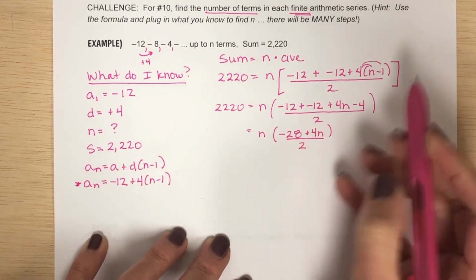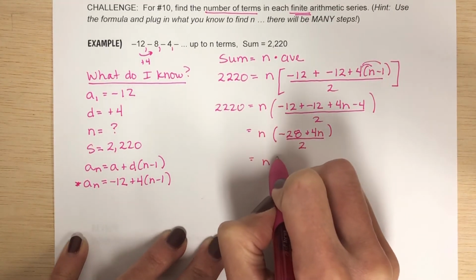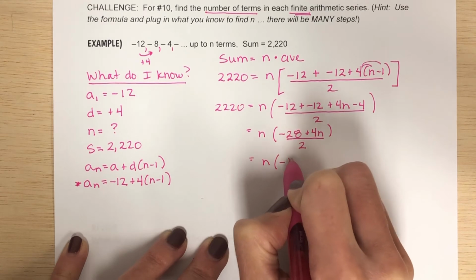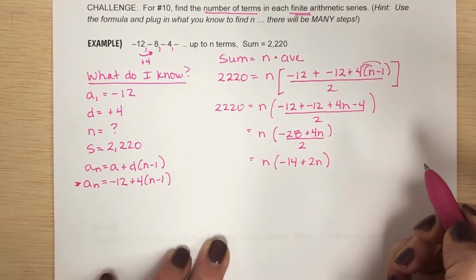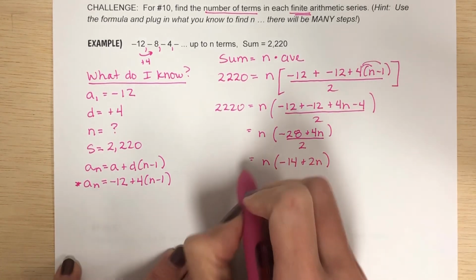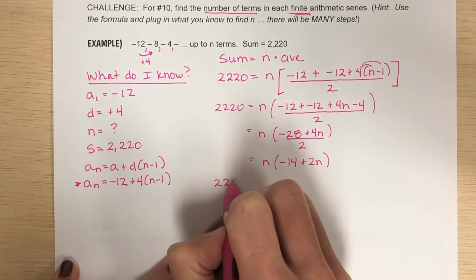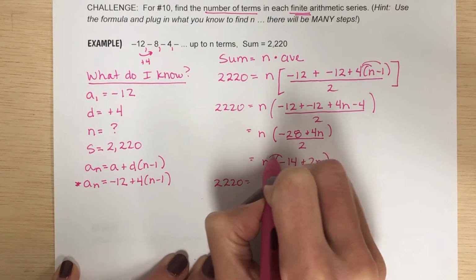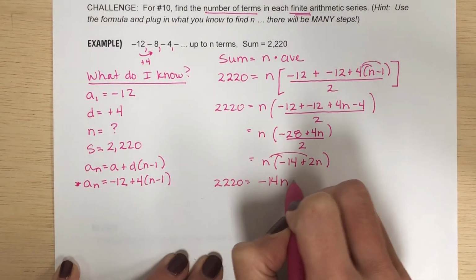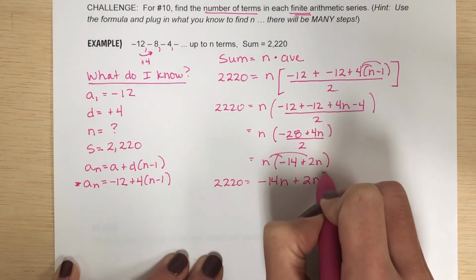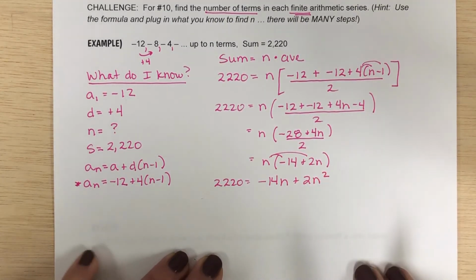I'm going to divide each term by 2. That's -14 plus 2n. And I'm going to continue that 2,220 and distribute my n: -14n plus 2n squared. Holy moly!